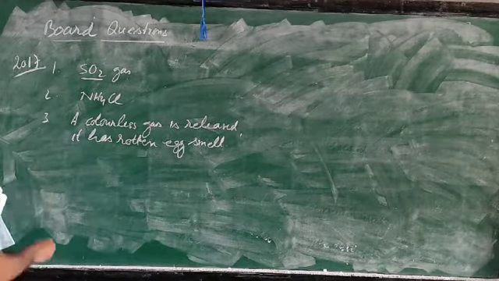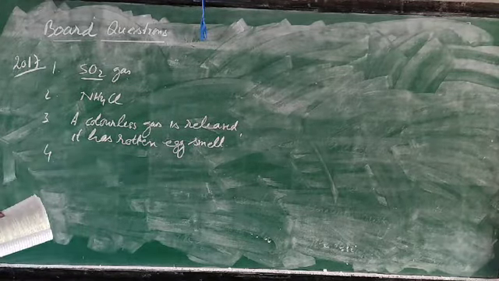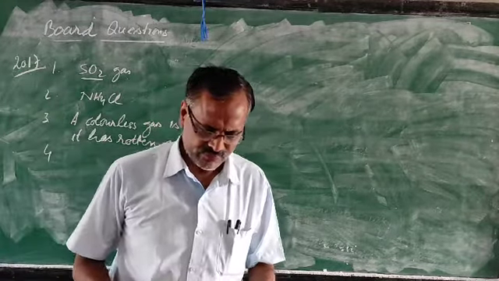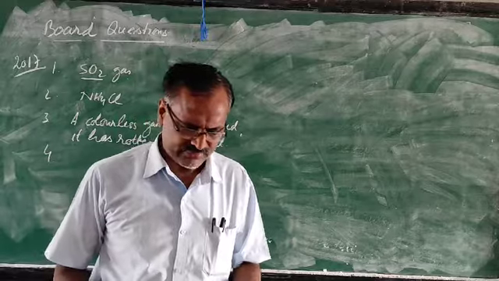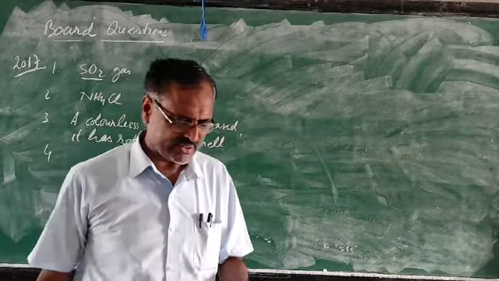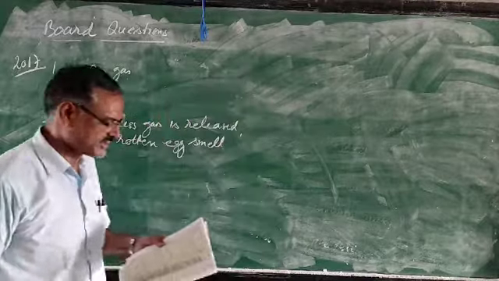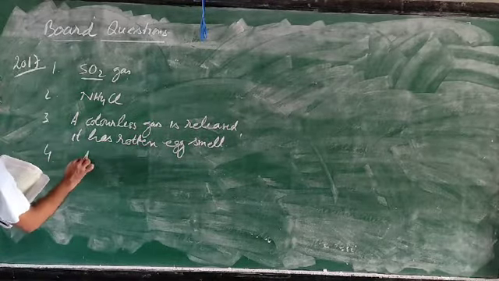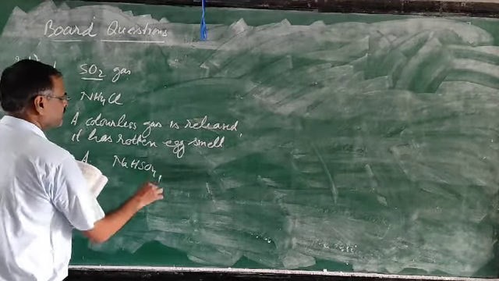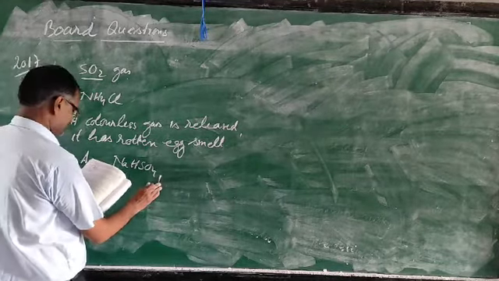So now the fourth one. Certain blank spaces are left in the table, A and B; identify each of them. So the lab preparation of HCl gas: reactants used are NaCl and H2SO4. The products will be NaHSO4 and HCl.